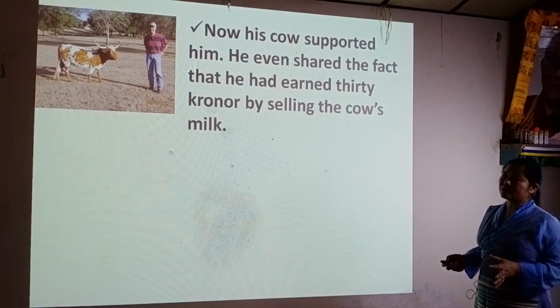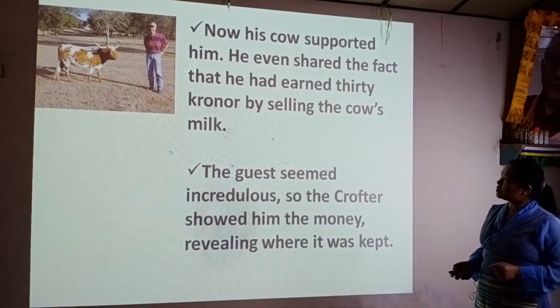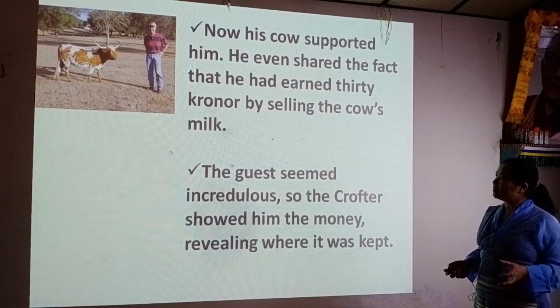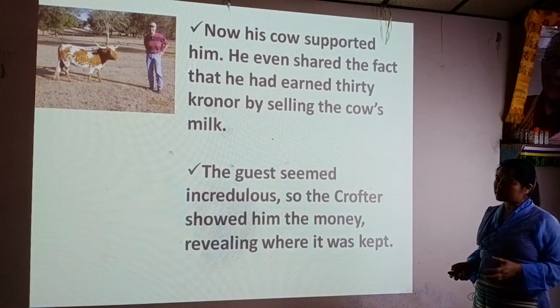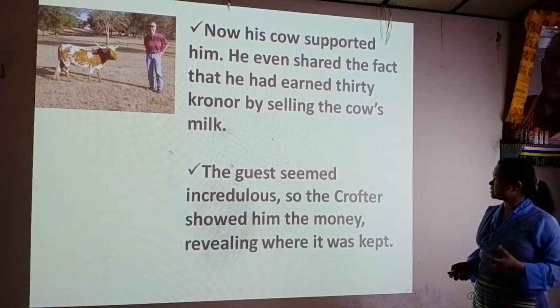That means he is leading quite a prosperous life. Okay, and when he told the peddler this, the peddler seemed incredulous. Incredulous means doubtful, disbelief. Okay, he showed some disbelief.